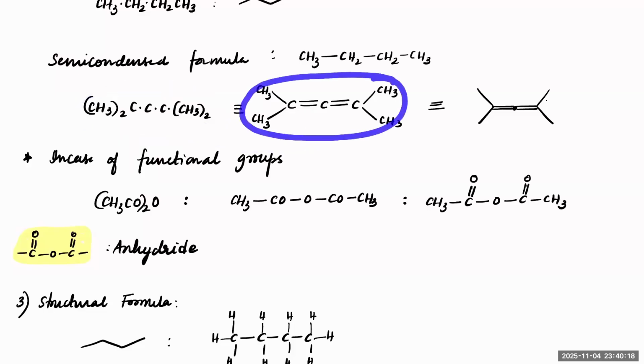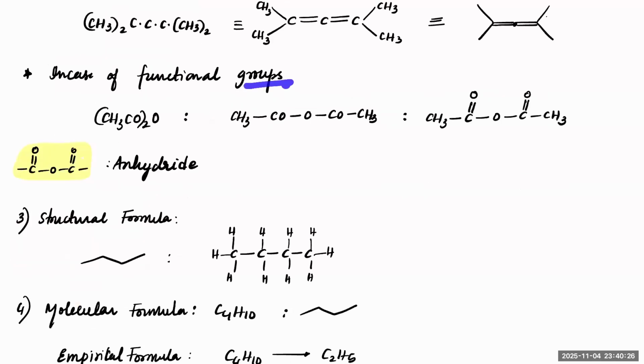Now the actual bond line form should be without any carbon. So this is the correct structure. In case of any functional group like this, you have to represent everything like this. The terminal is not necessary, but when you have only one carbon on the terminal, it is better to represent it. So this is the anhydride form.